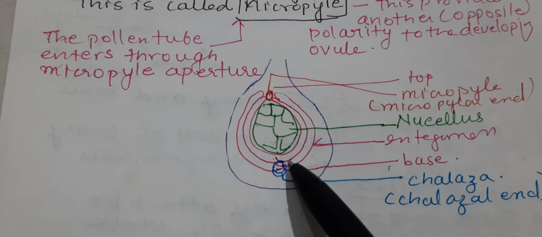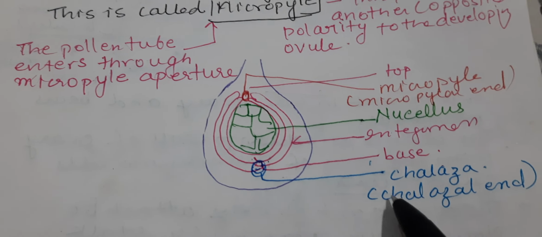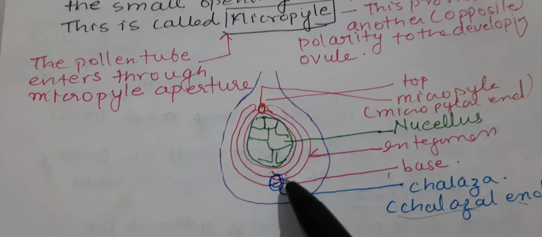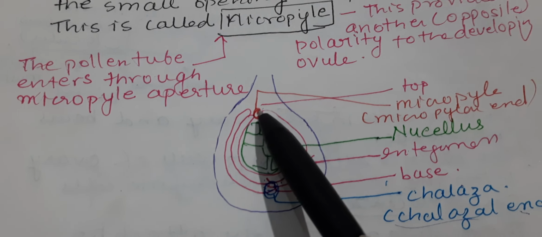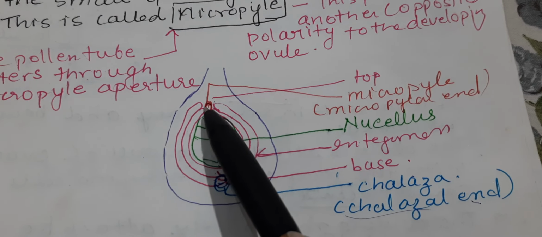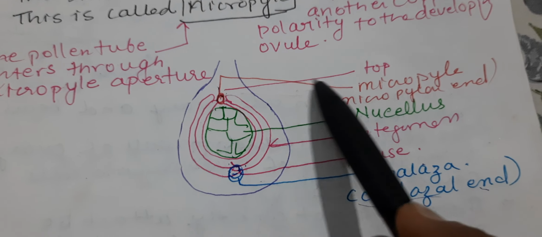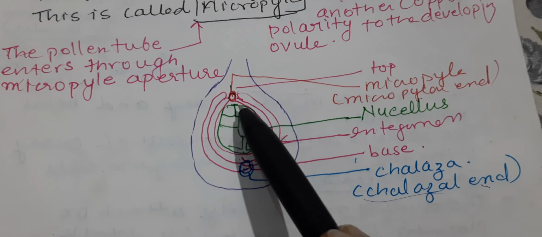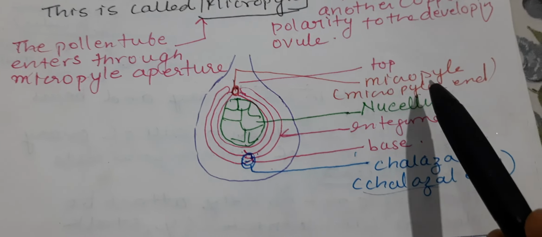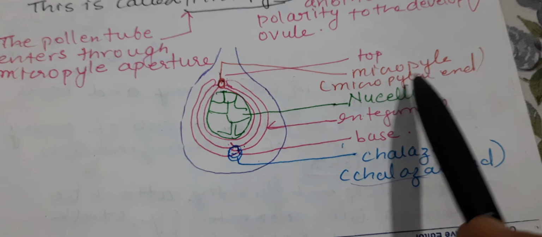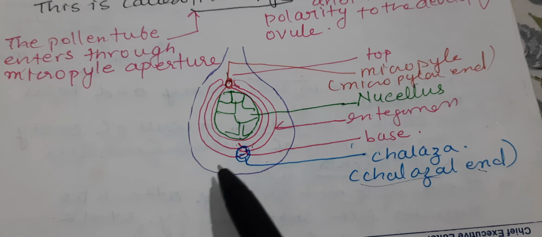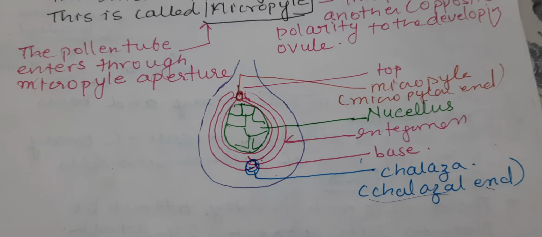So from here they are arising, this end is called chalazal end, and the opposite end is where there is a pore. Okay, and this end is called micropylar end, and this pore is known as micropyle. Okay, so this is how the ovule is formed.